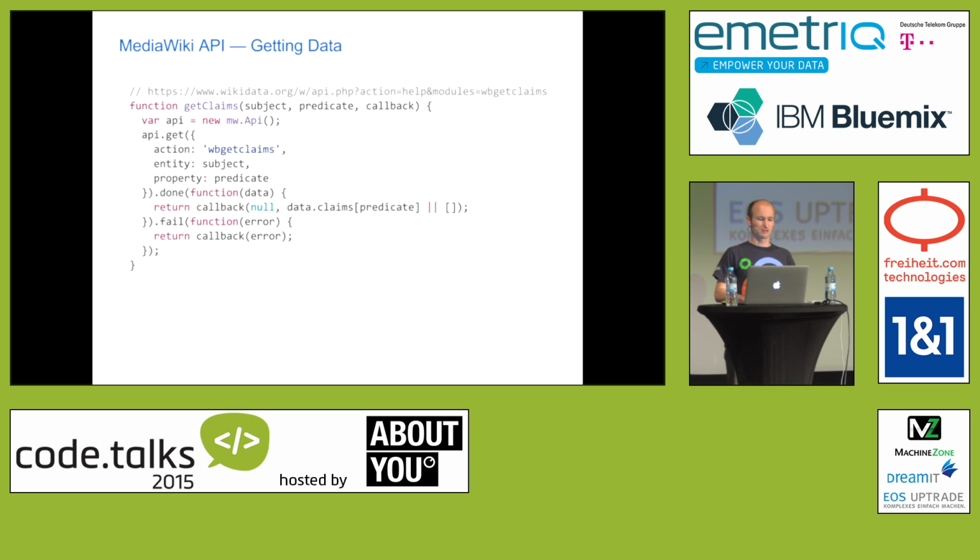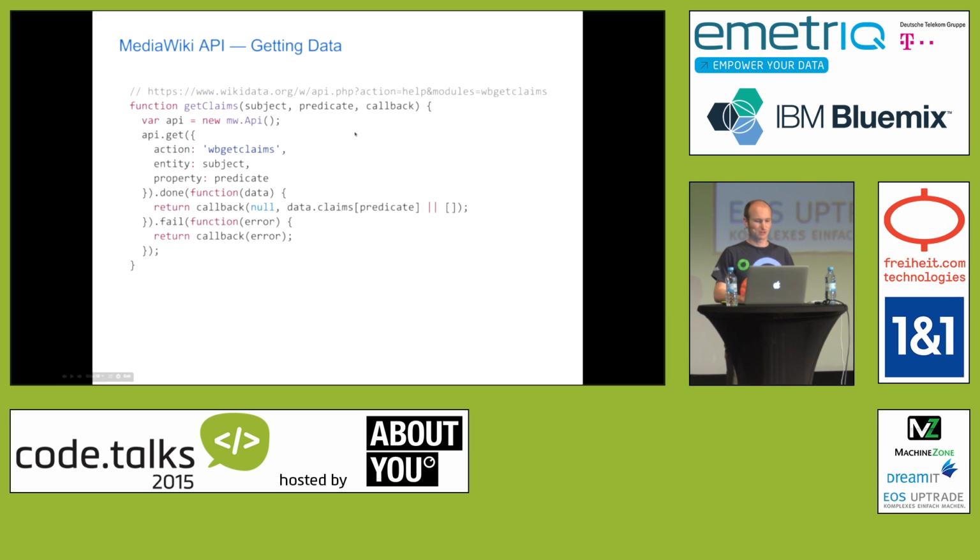And you can see, like I've done right now, API equals new mw.Api, MW for Mediawiki, and then you have api.get, and then you give an object, wbgetclaims, so that's from the modules.